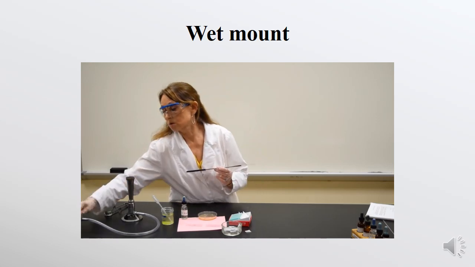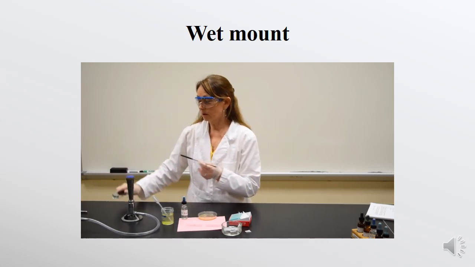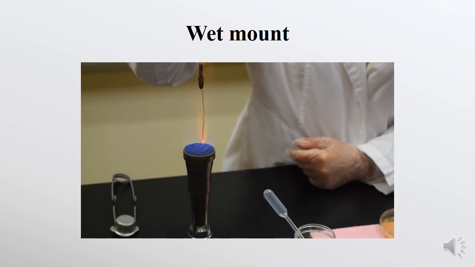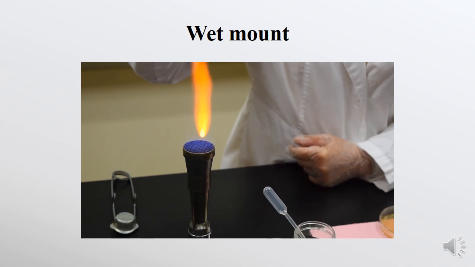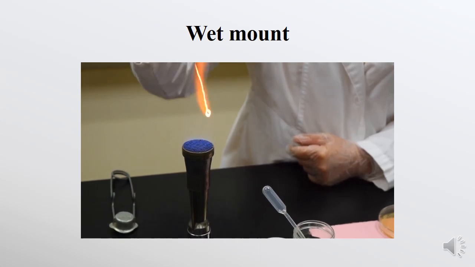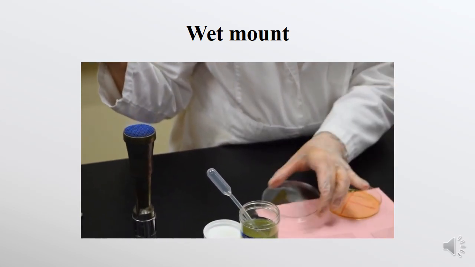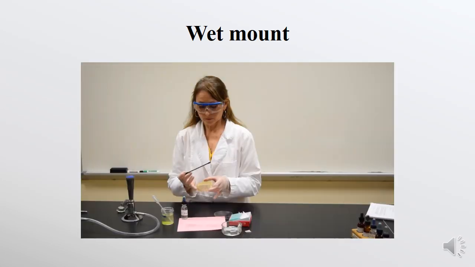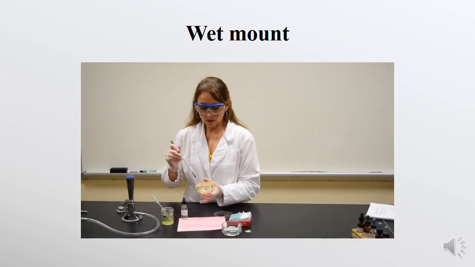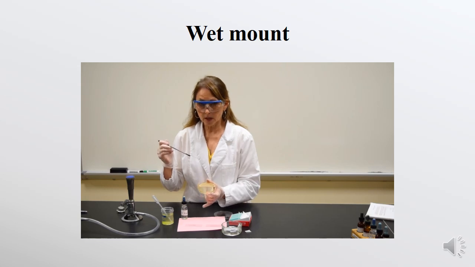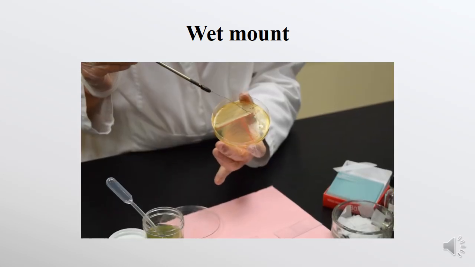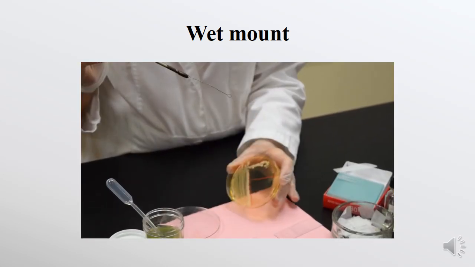You'll need to sterilize your inoculating loop by putting the loop into the flame of the Bunsen burner. Remove the lid from the plate. If there's an area on the plate where you can touch the loop to cool it beforehand, that would be a good idea. Touch the surface of a colony.